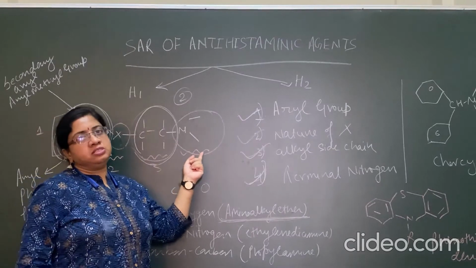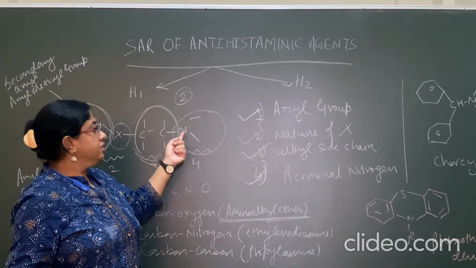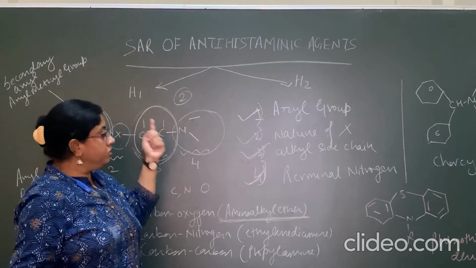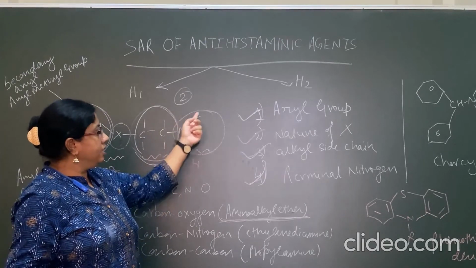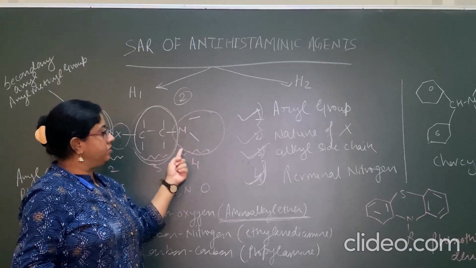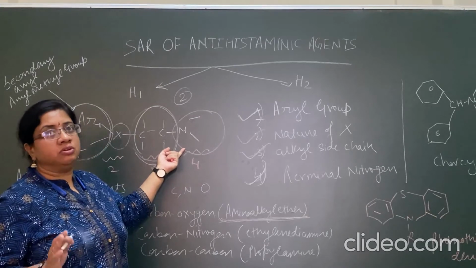Next is the terminal nitrogen. Terminal nitrogen is very important for binding to the H1 receptor. It should be a tertiary amine. It could be part of a heterocyclic ring. The nitrogen can be a part of a heterocyclic ring. Examples you have seen are antazoline and chlorcyclizine.